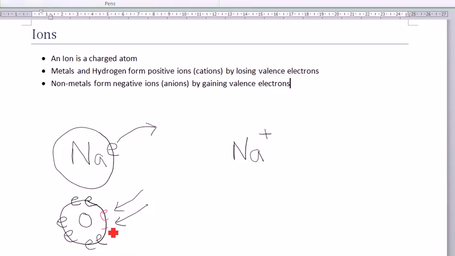It now has a full outer shell and becomes O2-. Notice the charge is written at the top right hand corner, the number first. In the case of 1, the 1 is not written, just the positive charge.